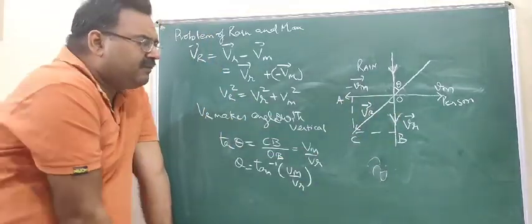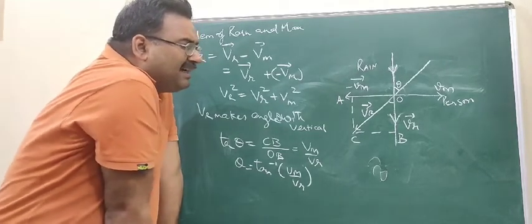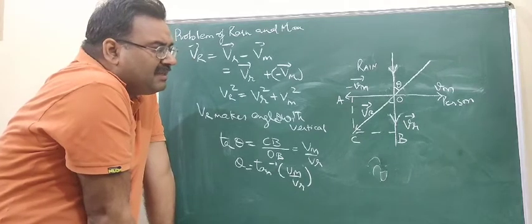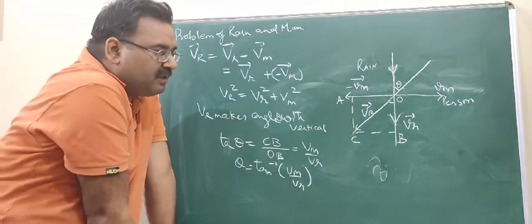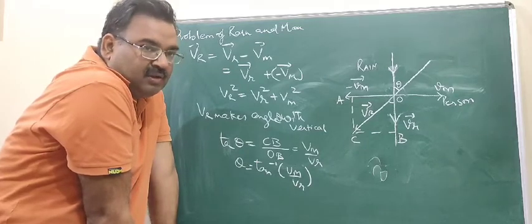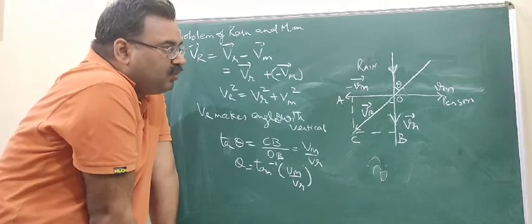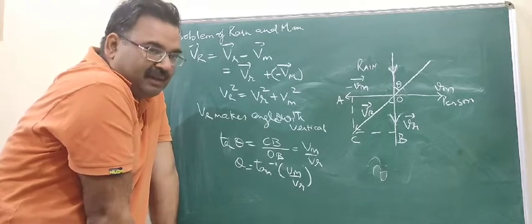Now the relative velocity is given by the diagonal of the parallelogram ACBO, that is Vr. So OC represents the resultant of Vr and Vm.